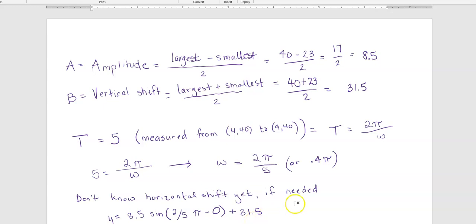So here I have the amplitude, which is the A. You take the largest minus the smallest divided by 2, and ultimately you have 40 minus 23, 17 over 2. I put it into decimal.